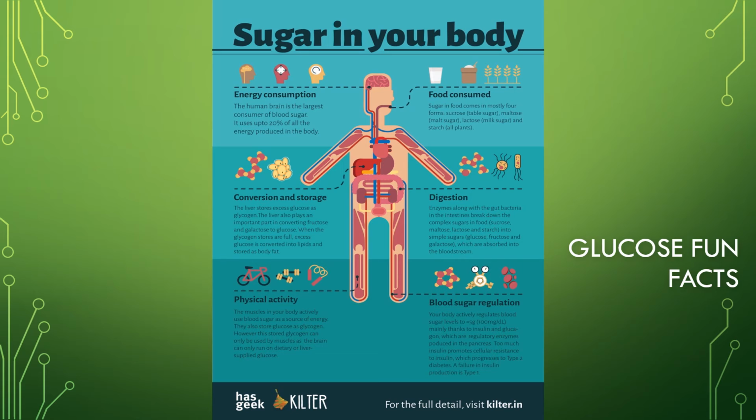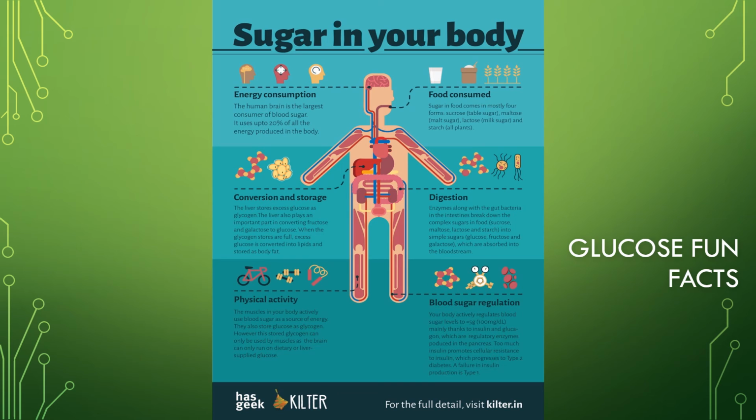And then we have physical activity. So once again, our lactic acid part of glycolysis, and sugar is needed in order for energy to be created. It's going to take that glycogen from the storage and bring it out and start making energy to keep up with whatever physical activity you're doing.